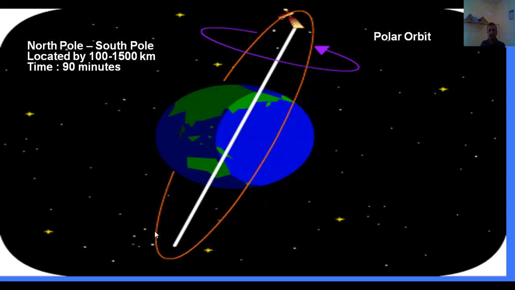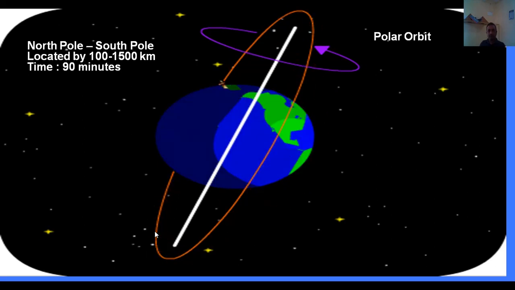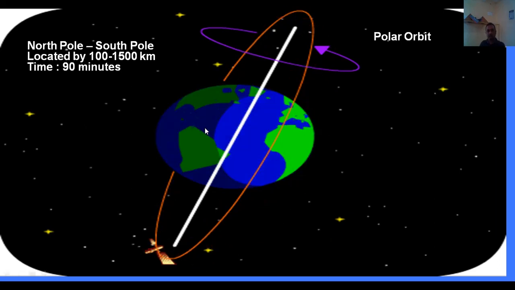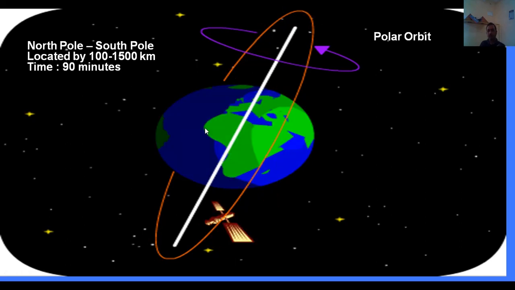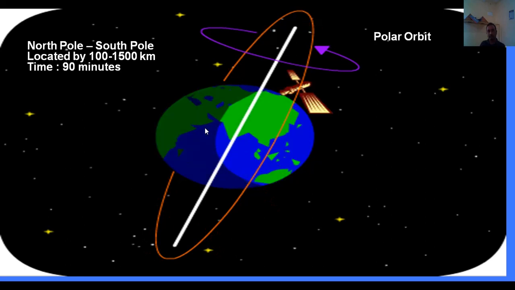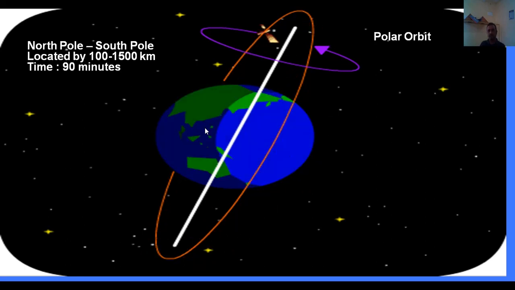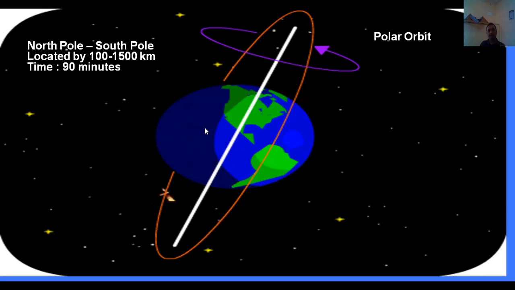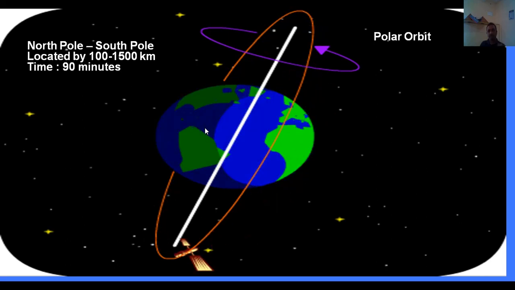So it is kind of a low earth orbit. It is nearer to the poles, nearer to the earth surface also. It is located at 100 kilometers to 1500 kilometers.